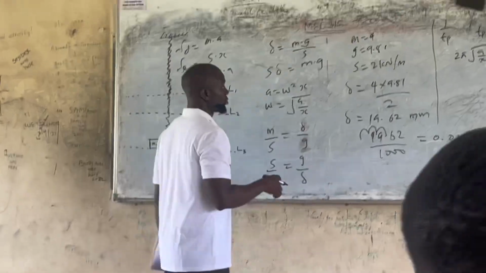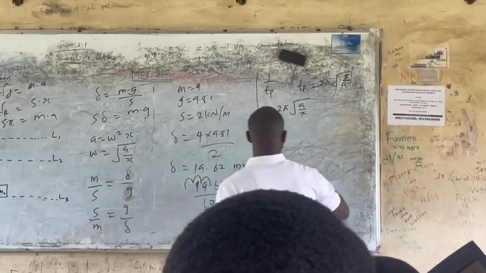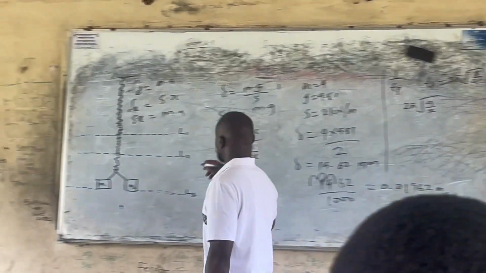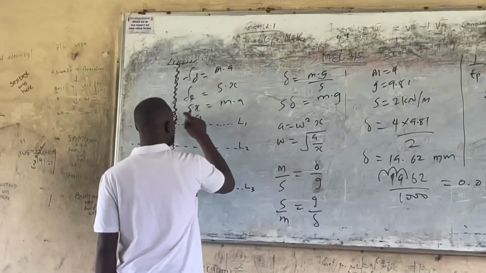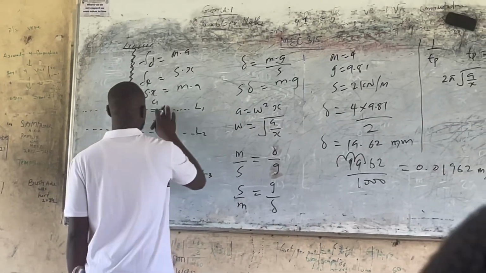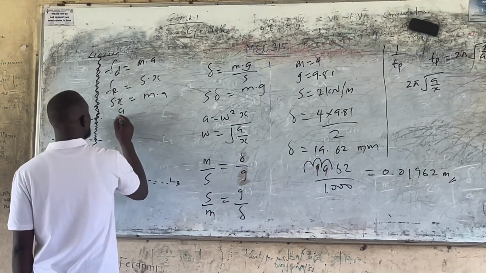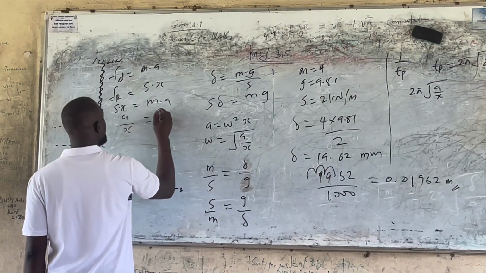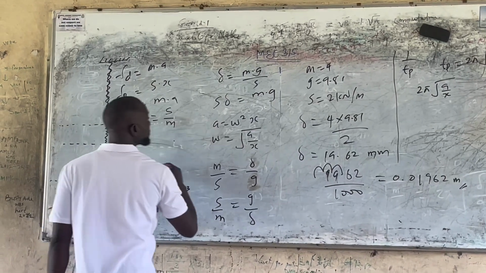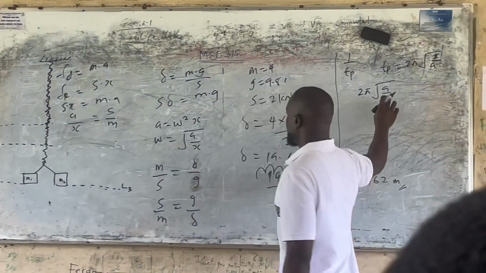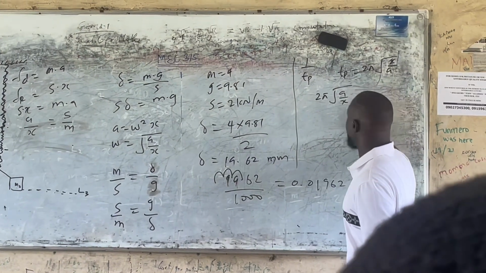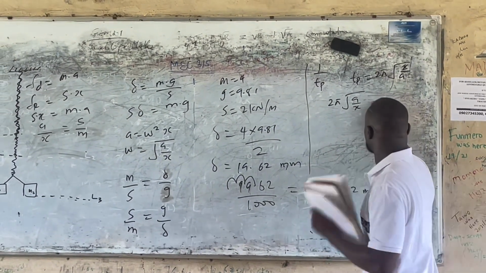So A over X. A over this X. A over X will be got to what? X over M. So here now we are having A over X. That's what we have here, right?